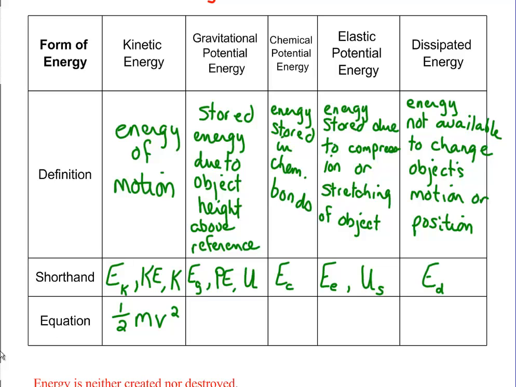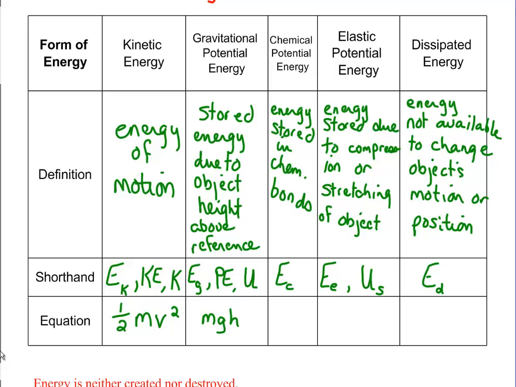Gravitational potential energy, because it's gravitational, depends on how high above a surface reference an object is, so height's involved. Since it's gravitational potential energy, we need to take into consideration the gravitational constant, and it too depends on mass. So the equation for gravitational potential energy is the mass times g times the height above the reference point.